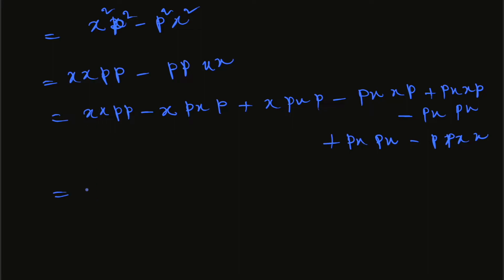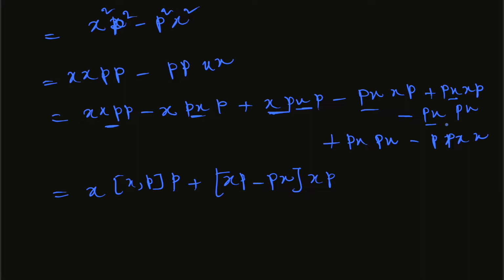So that means it will be [x, p], these two terms x p minus p x, x p p, plus from here these two terms, that means x p minus p x, x p. Here from these two terms, p x x p minus p x x p minus p x.